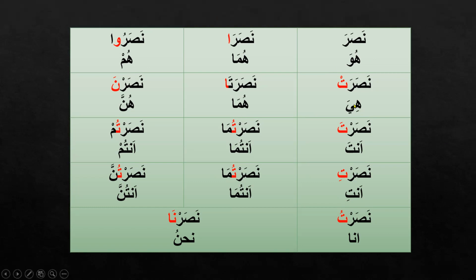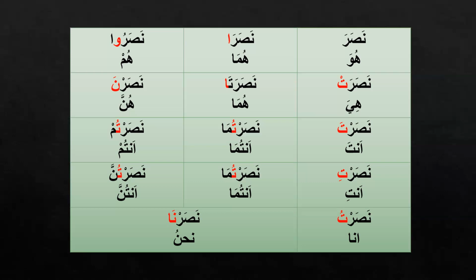And this ta ta'nith is just denoting that this is a female type of word. This word is used for a female to differentiate it from the verb used for the huwa form. Nasara, Nasarat. And just like huwa, here the damir is mustatir, right? Inshallah, it might be confusing right now, but as we progress and when you memorize this chart, it will be easier for you to understand.